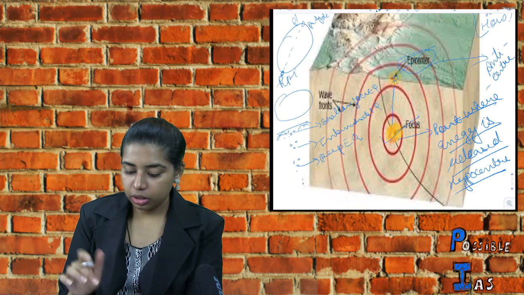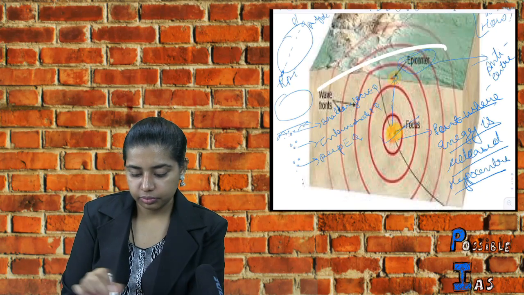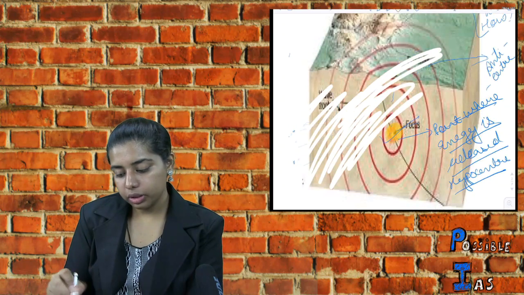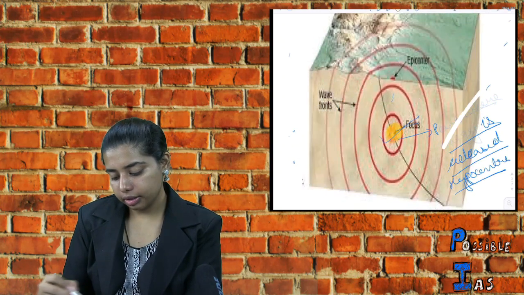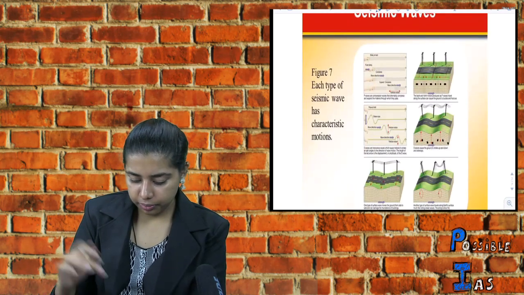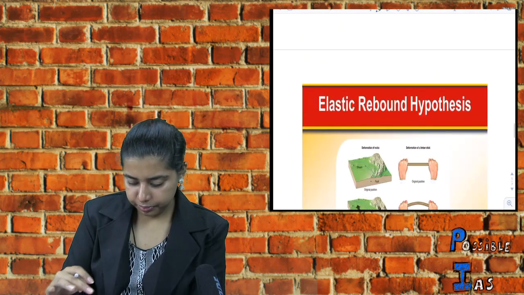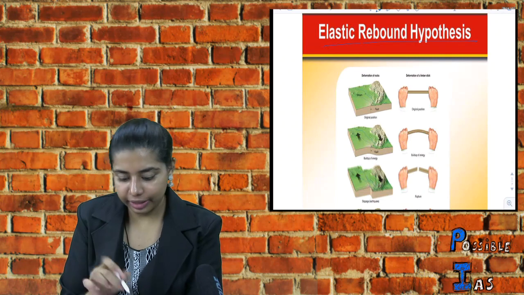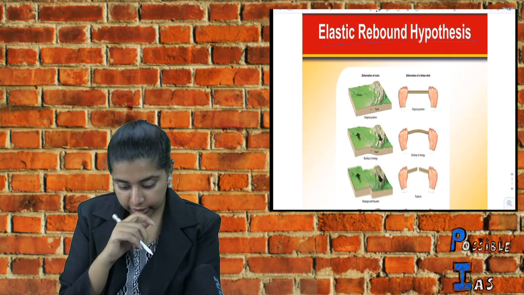Now, to discuss how earthquakes actually happen, there was a scientist named Reid who gave a hypothesis known as the elastic rebound hypothesis.